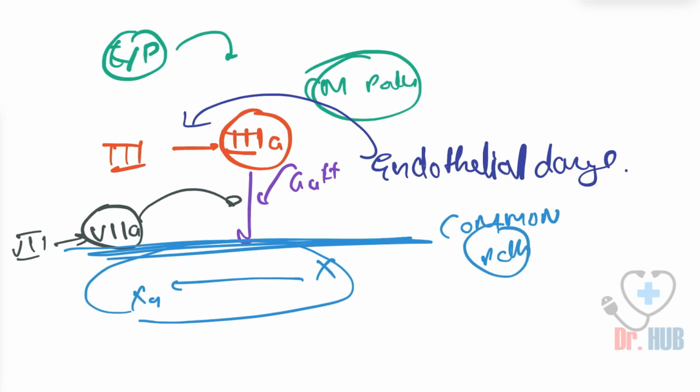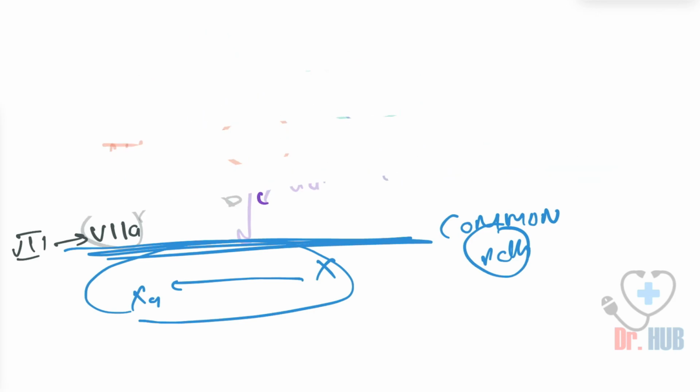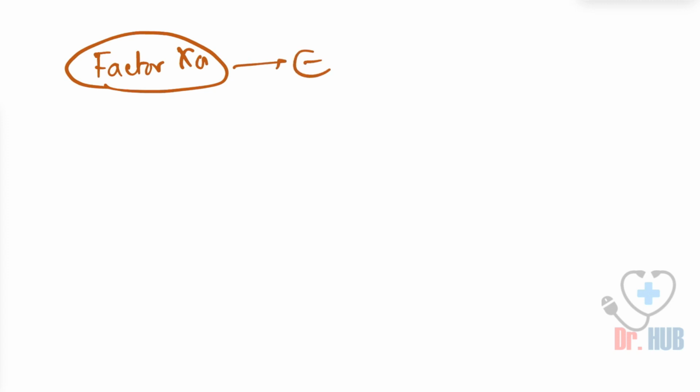So now we are looking at some inhibitors. The inhibitors of the factor 10A. So factor 10A inhibitors, what does it include? They are oral.